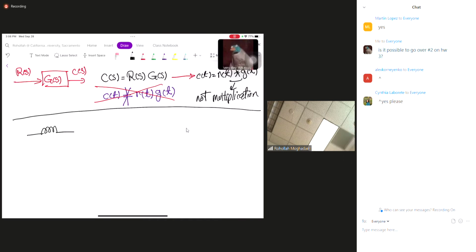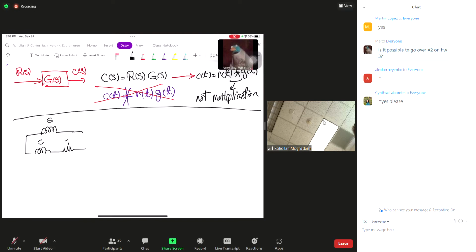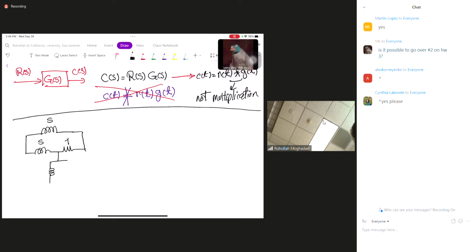So here we'll have s, a cell with s here, and the capacitor, inductance, resistor R. I will have s right here, 1 over s here, and then plus minus capital VI(s).